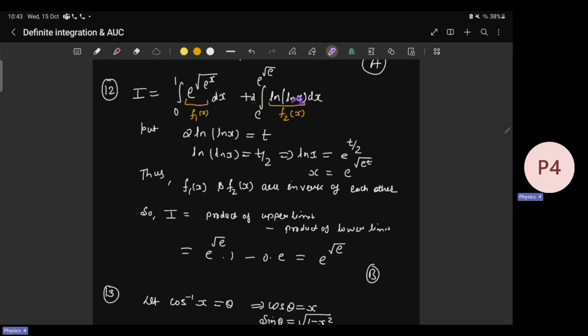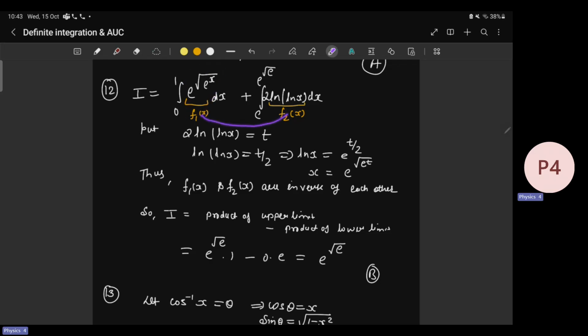So can we say that if this is function f2 of x, then this is f inverse x.